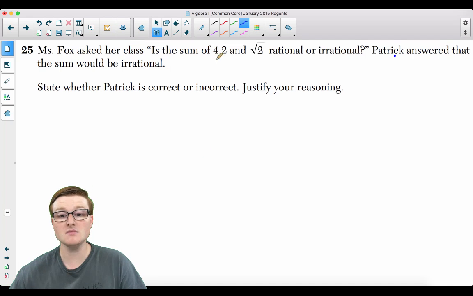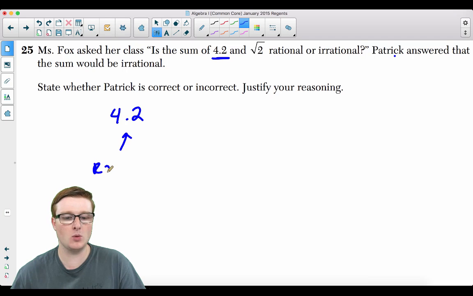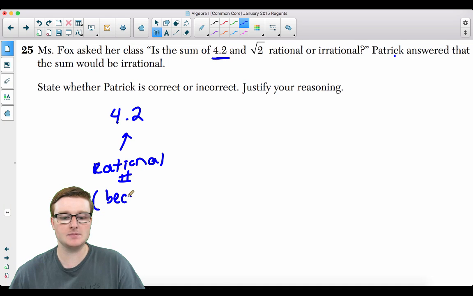Well, 4.2 is a rational number, okay? So 4.2, I'm going to point to this, and I'm going to say it's a rational number. And the reason why is because it terminates.